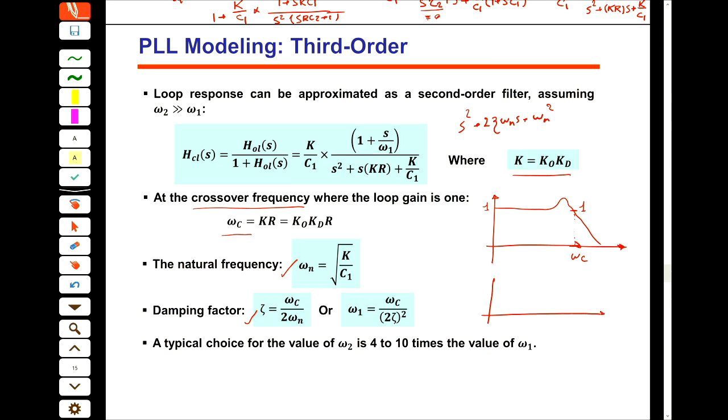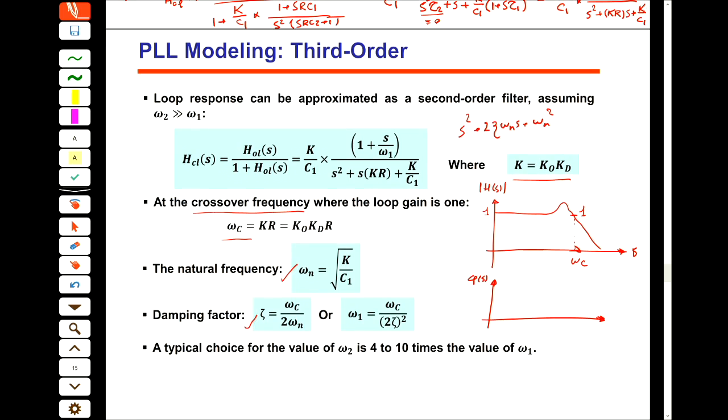So if this is your H of S, and this is the phi of your system, then phi is like this.